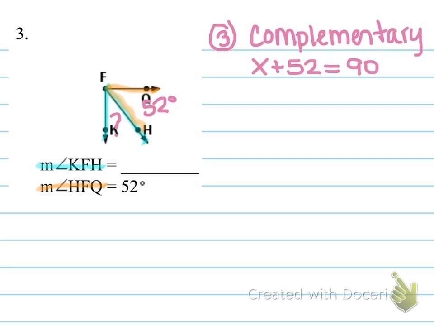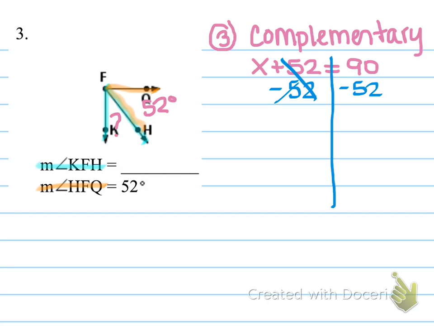Now we would work on solving that equation. The operation here is adding, so we are going to subtract 52 from both sides. I didn't do it yet, but I will now draw my line down the center of my equal sign.